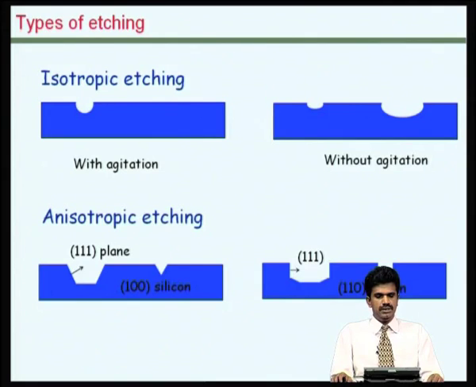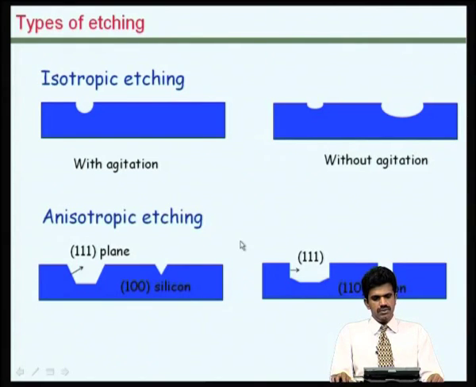These are explained by the geometries here. What is formed by isotropic etching are usually irregular and depend on various process conditions.